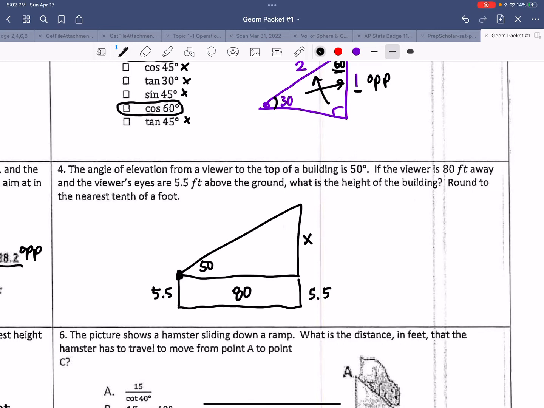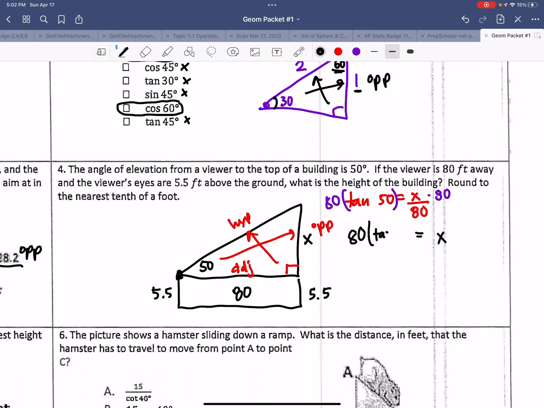Okay, so we can say this is opposite, and this is hypotenuse, and this is adjacent. So we can say this has to be tangent. The tangent of 50 is x over 80. So when we multiply 80 on both sides, we get x is equal to 80 times the tangent of 50.